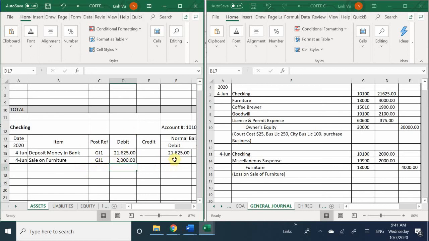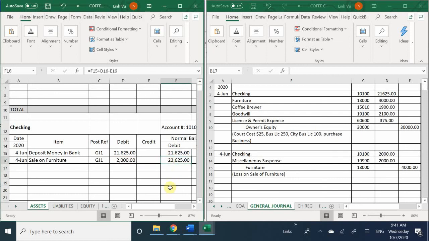But in this case, if you are using Excel, this is how we find a normal running balance. So I'm going to go into my normal balance on the debit side, punch in my equal, take the one above it, add my debits and subtract my credits in the same line, and press enter.